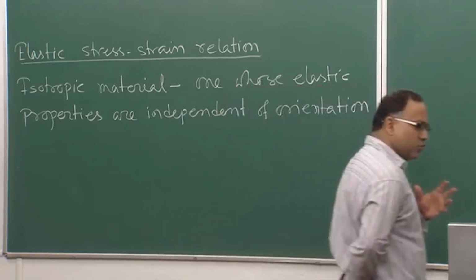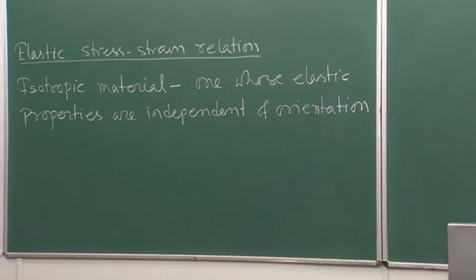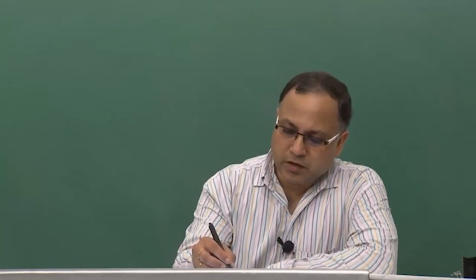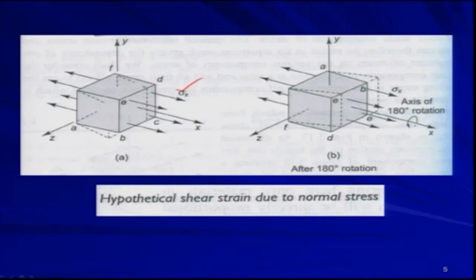Now, let us look at this figure. We can prove it actually. In this figure, I apply normal stress sigma x on this body, and suppose that normal stress causes some shear strain, shown by this dotted line.